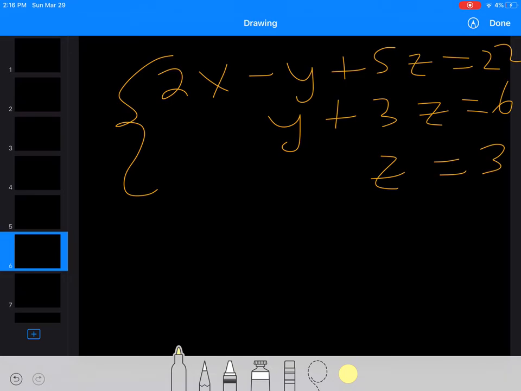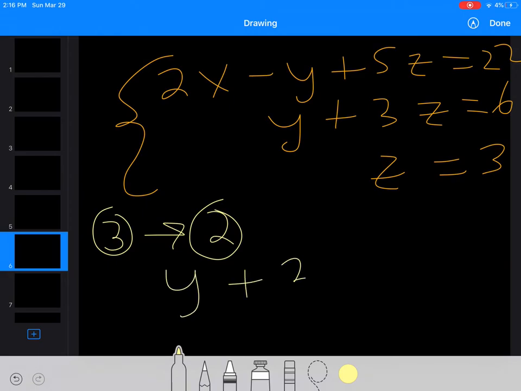All right, so what we can do here is substitute back our variables in. So let's plug in equation 3 into equation 2. So I'm going to write equation 2 now.